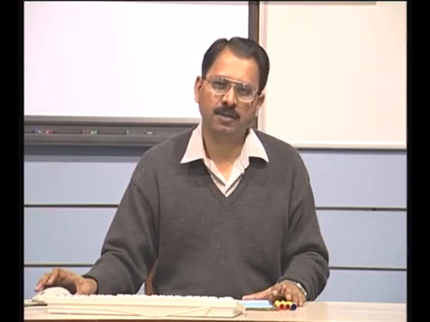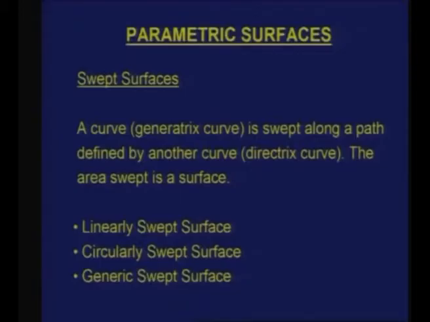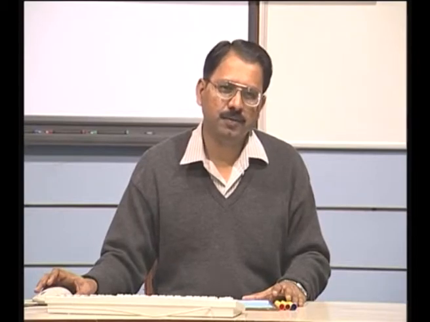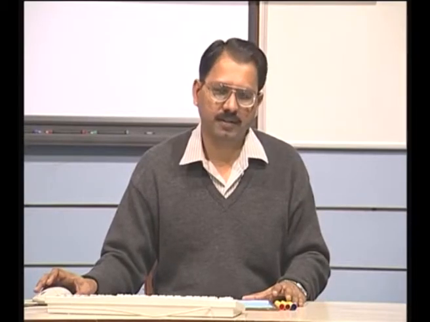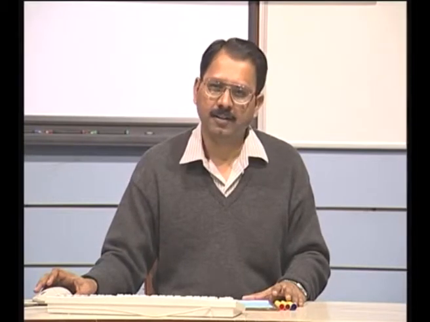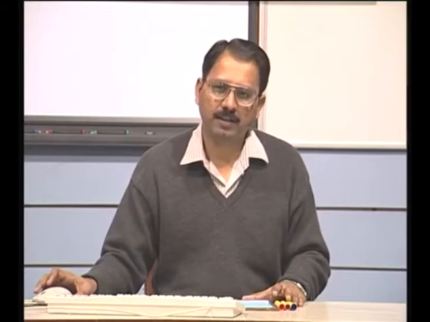So, the direction along which you are sweeping a curve, when it is a straight line, you call it a linearly swept surface, or if the directrix curve is, let us say, an arc or a circle, it is a circularly swept surface. But we need not restrict to these two directions only. I can take any arbitrary curve.